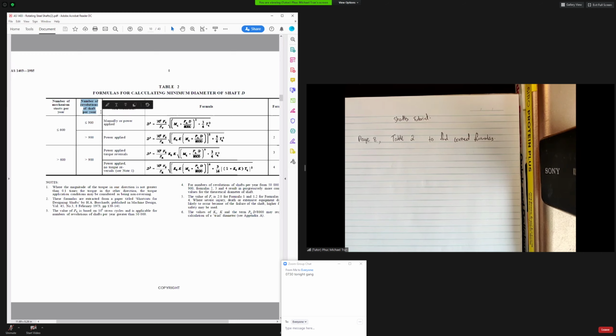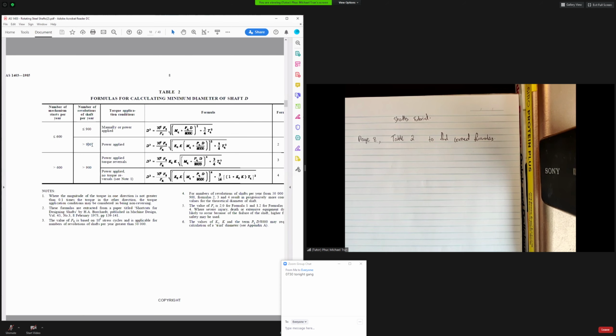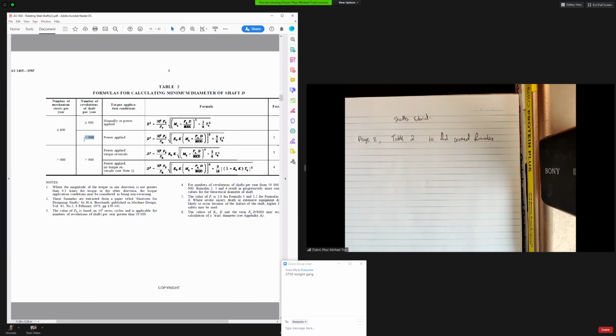It says number of revolutions of shaft per year. It's going to be under 900 or over 900. It's quite a small shaft, I'd say. As a guess, you can assume that it's going to be greater than 900 because it's going to be spinning at like 1800 RPM or whatever it was. You can assume that it's definitely going to be over 900 revolutions. So you can highlight that one and write it down.